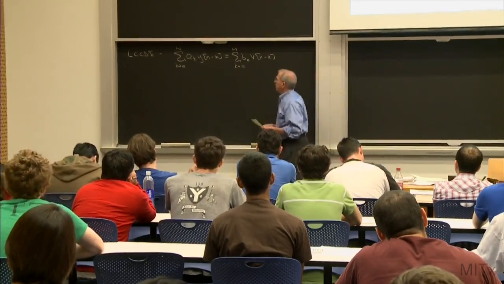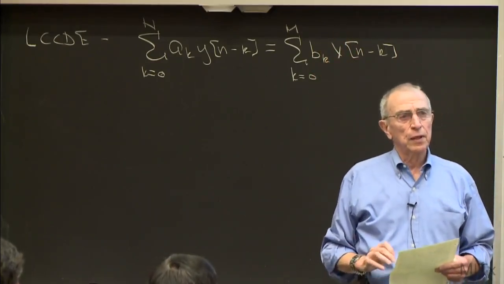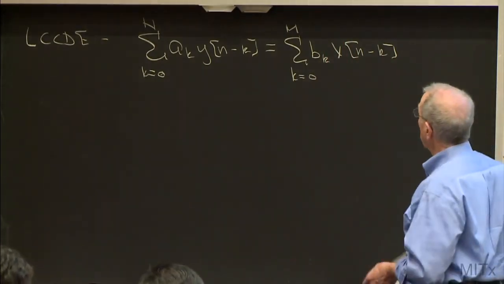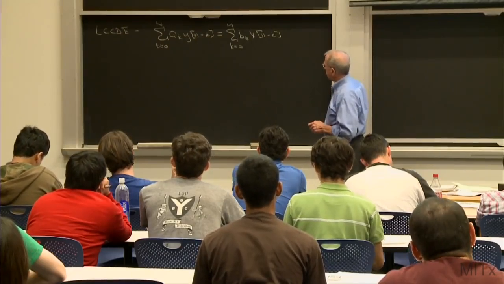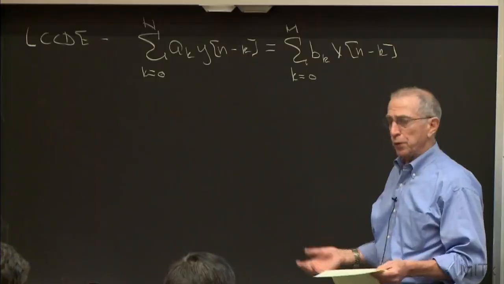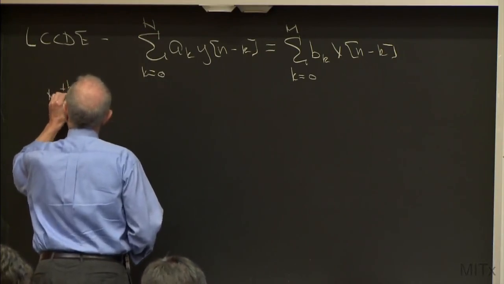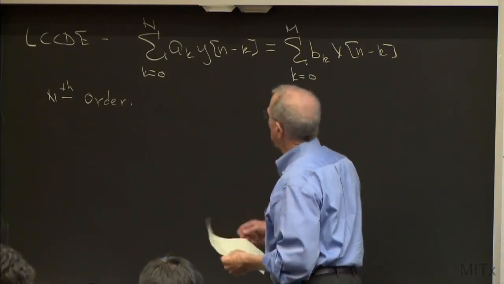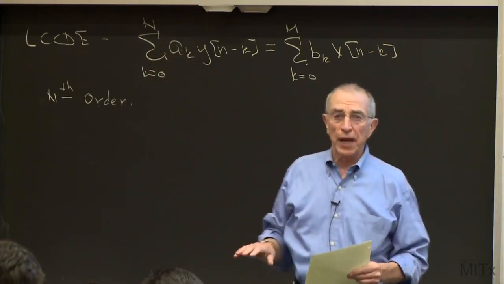Now, there are a lot of things about this equation that are often misconceptions. First of all, just in terms of terminology, people in the field would typically refer to this equation as an Nth order linear constant coefficient difference equation because of the number of terms involving the delays of the output.